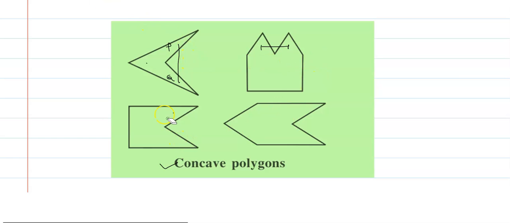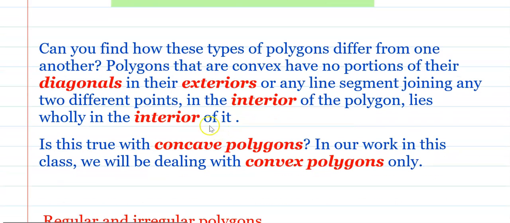Now the next is, can you find how these types of polygons differ from one another? Polygons that are convex have no portion of their diagonals in their exteriors, or any line segment joining any two different points in the interior of the polygon.